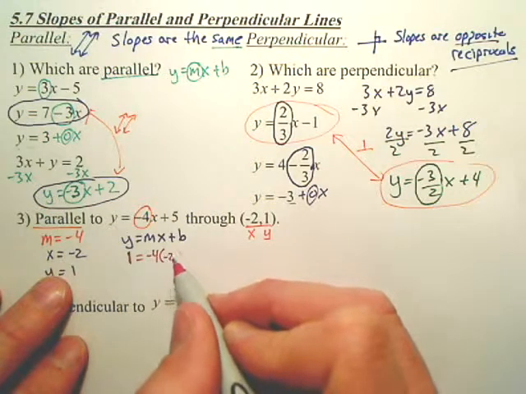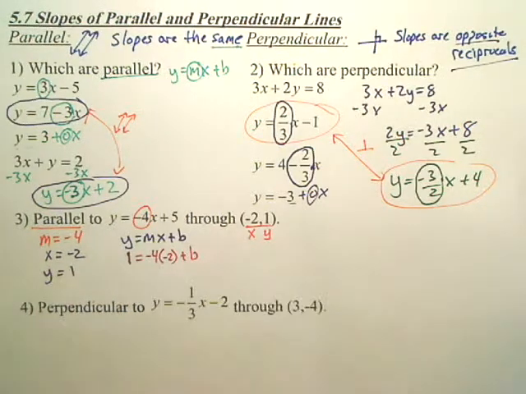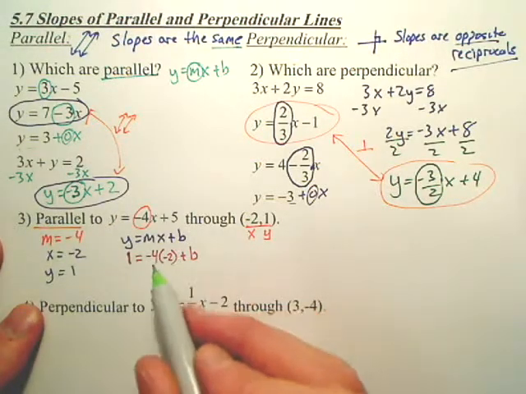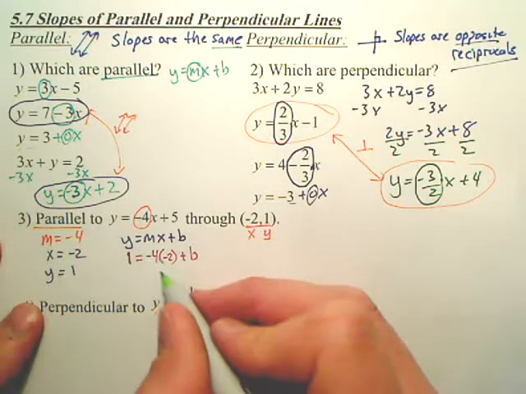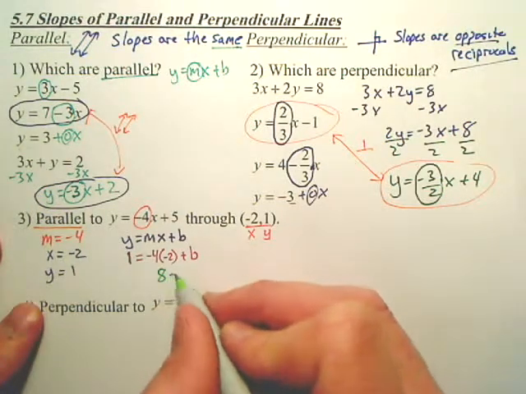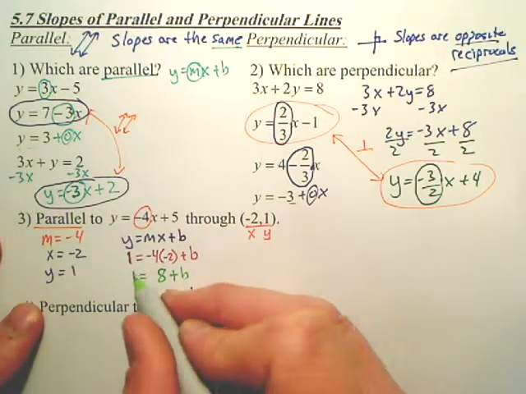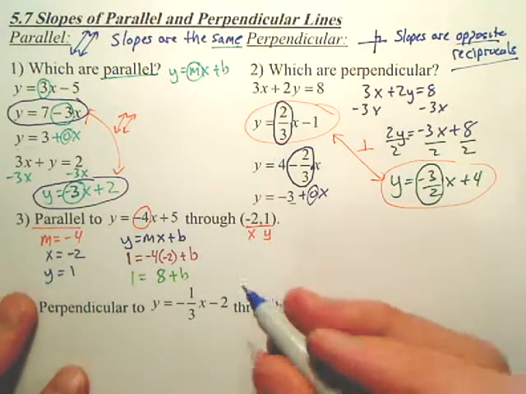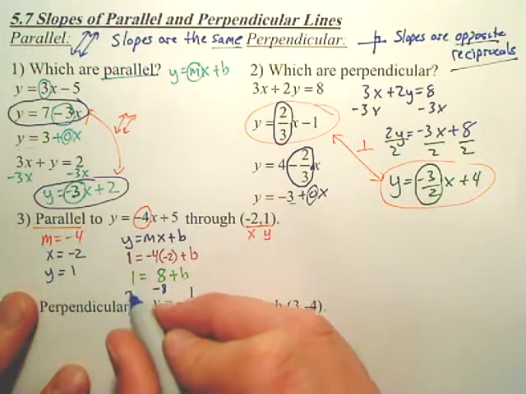And x? -2. Okay, I want b. What's -4 times -2? 8. How do you solve for b? You minus the 8 over.